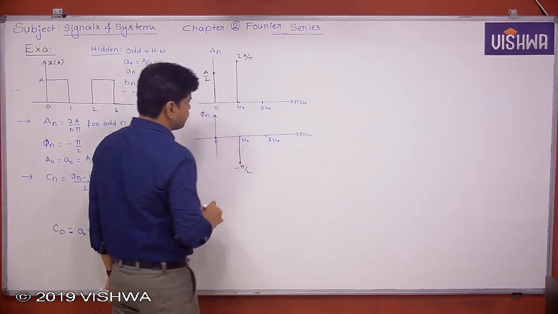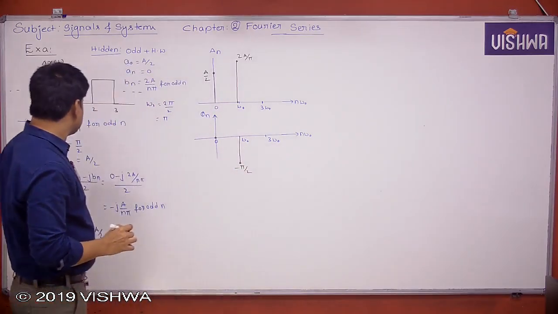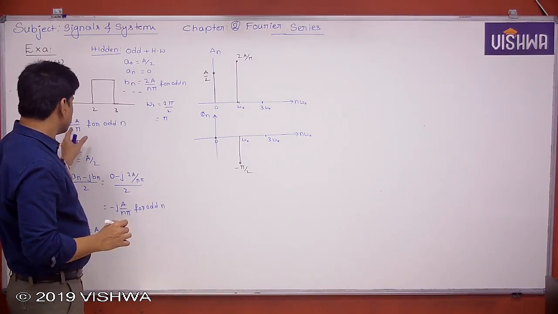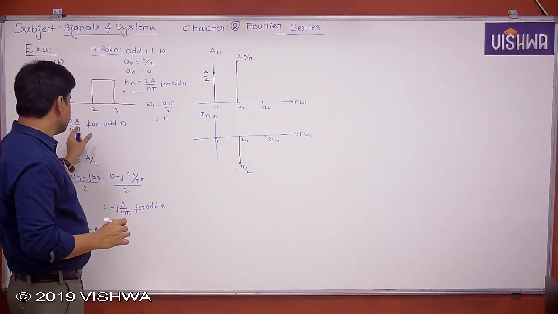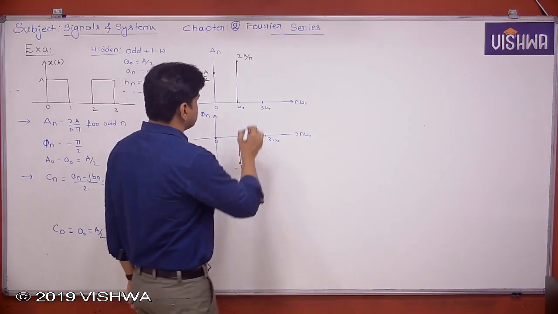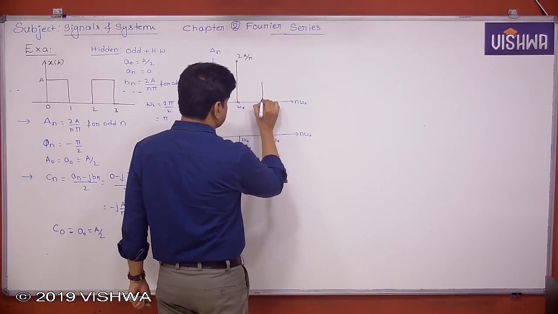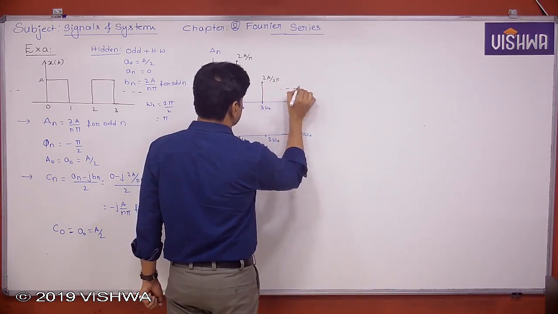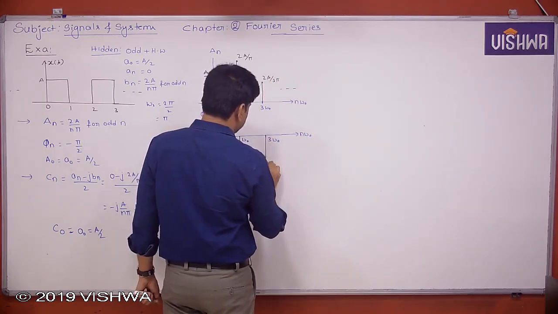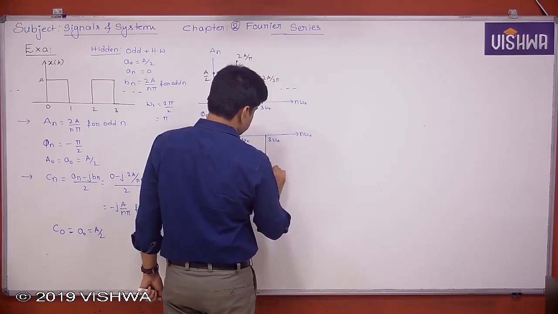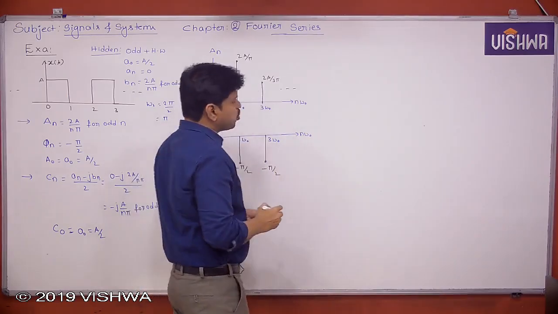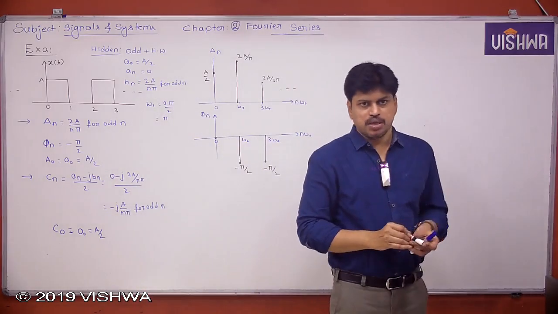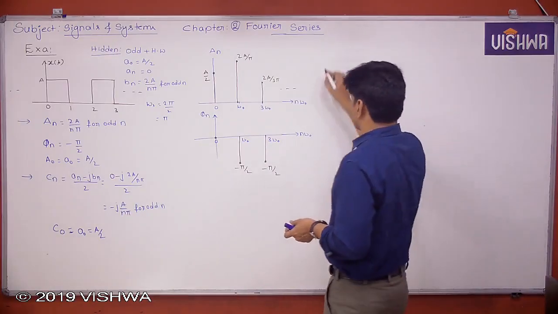At 3 omega naught, so n value 3, we have 2A by 3 pi. And so on. Phase angle is still minus pi by 2. This is the polar form of Fourier series spectrum. Now I have to draw the Cn spectrum, how it is going to be.